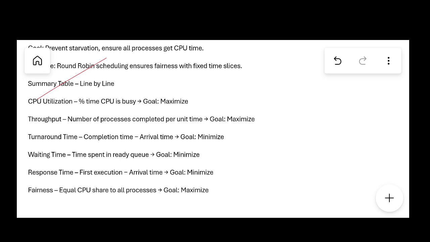Throughput, TAT, and fairness all need smart balancing. Once you understand this deeply, any CPU scheduling algorithm makes sense. You can predict how it behaves and why it performs well or poorly. So that's the smart way to master CPU scheduling parameters.